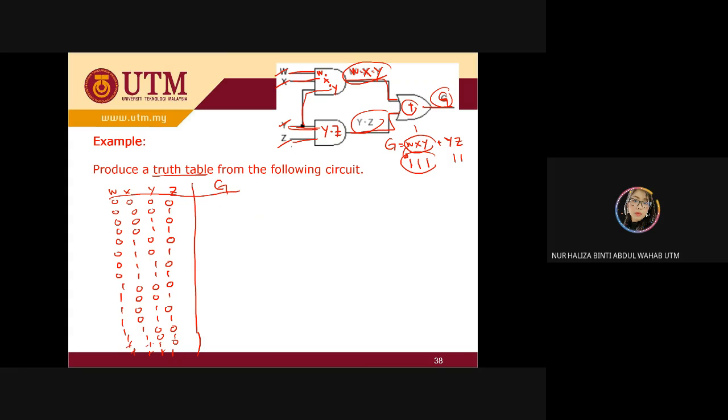WXY as 1, 1, 1, it doesn't matter the value of Z, the output will be 1. Second condition, when my Z and Y are 1, 1, my output will be 1.